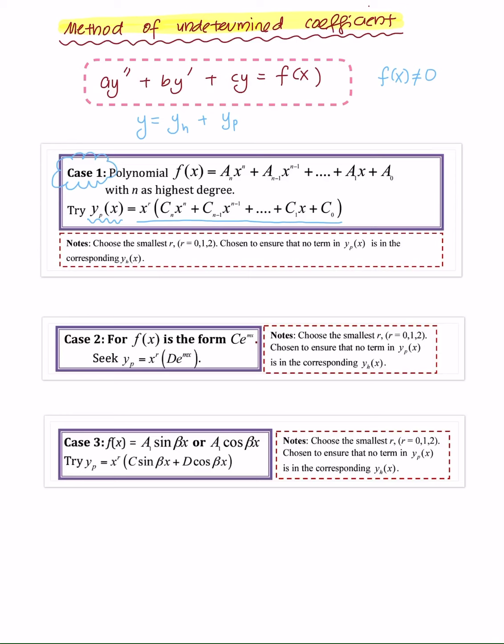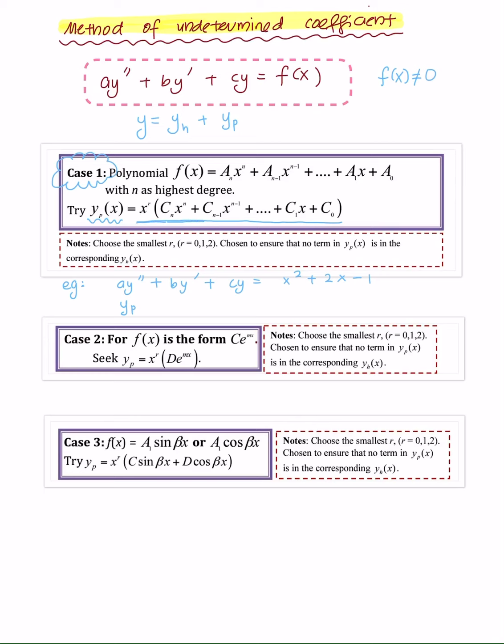Let's say we have ay double prime plus by prime plus cy equal to, let's say the polynomial is x squared plus 2x minus 1, for example. Therefore we can determine our yp.